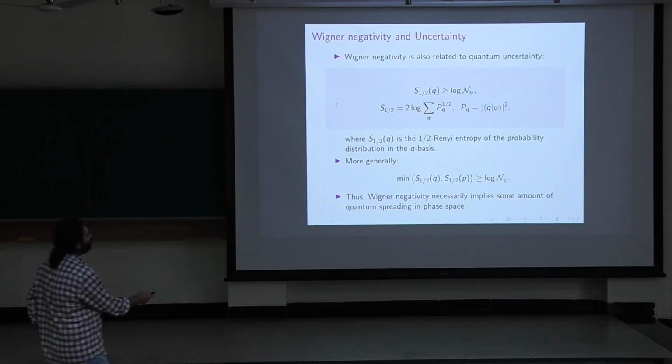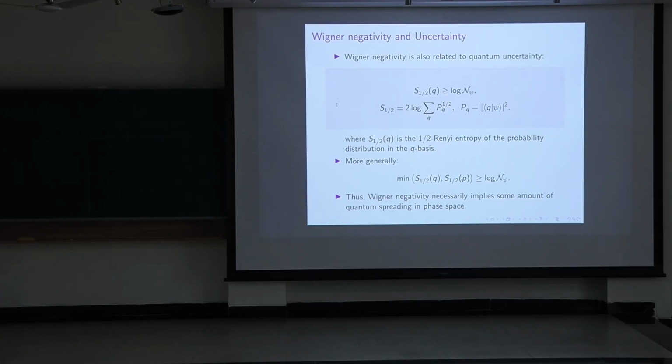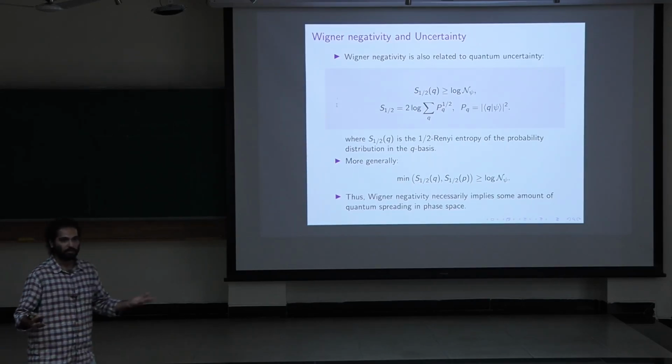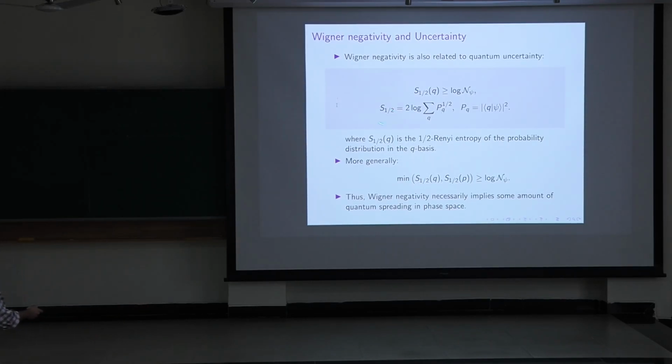You can of course compute the probability distribution of the state psi in this basis, and here's that classical probability distribution. Corresponding to this classical probability distribution, you can associate an entropy. You can of course associate whatever measure of entropy you want, but here I look at what you might call the half-Renyi entropy. This thing here is the half-Renyi entropy of that classical probability distribution.